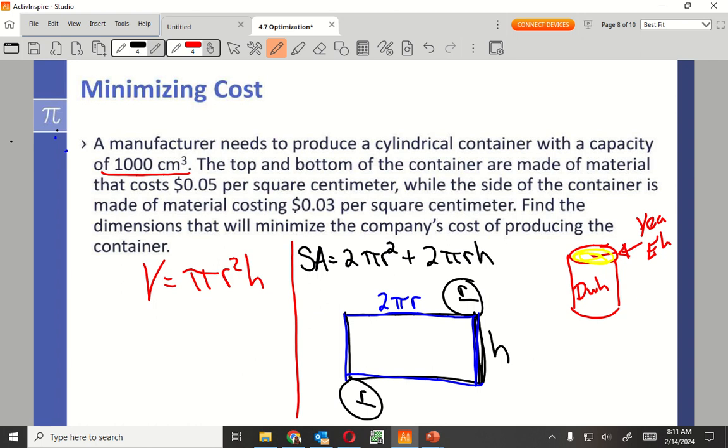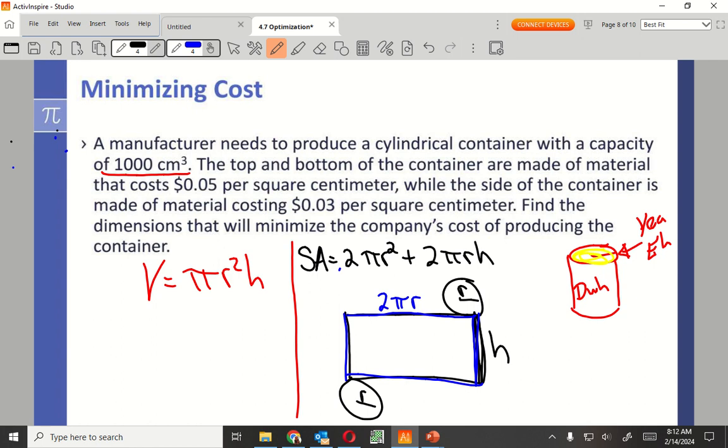Anyway, so right here, we now have a surface area formula, and then I need to try to minimize the cost. Now, there are a couple things that I need to add to this formula. That is straight up just the surface area formula. So we're going to plug in some values to go with my surface area formula.